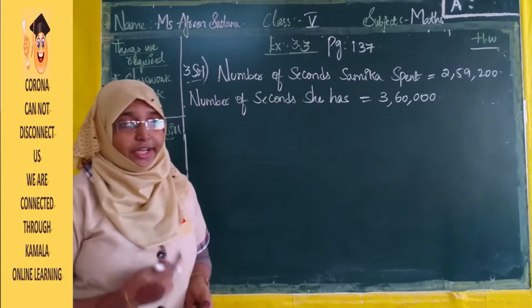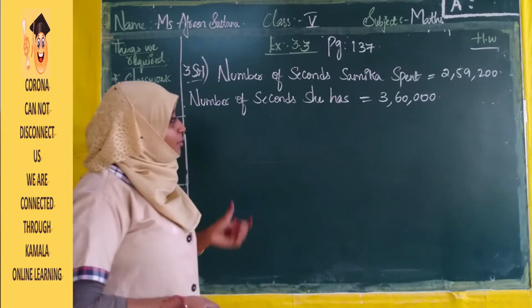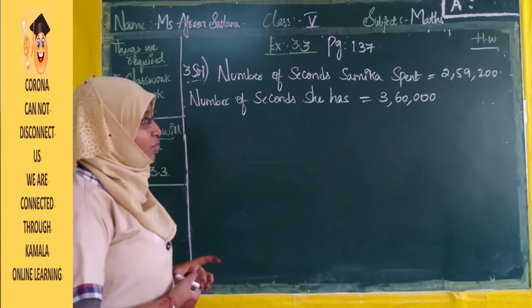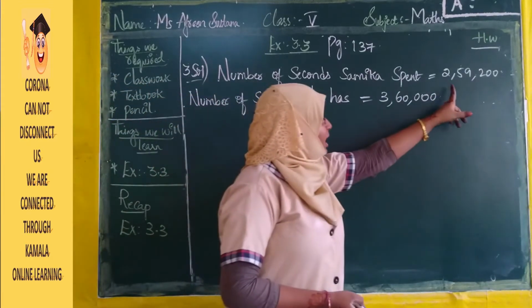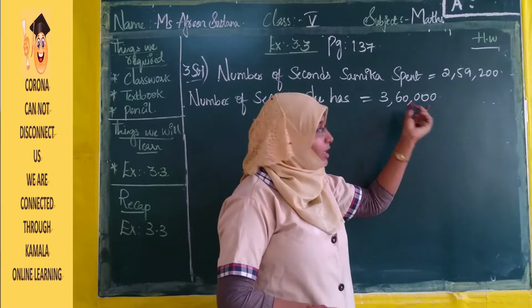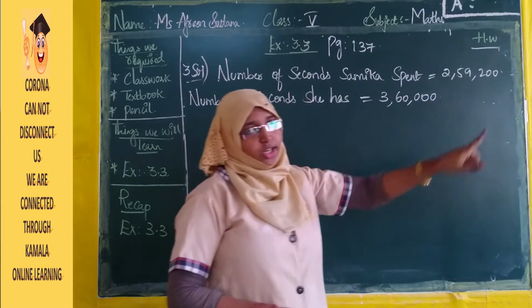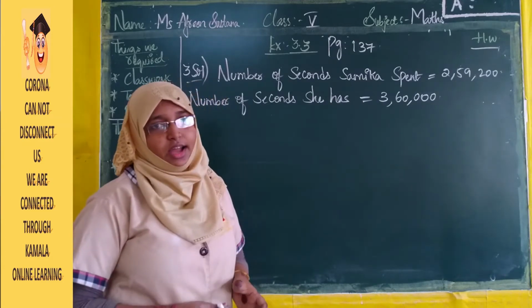Now we are going to find how many more seconds are left over. We said we will perform subtraction. We will subtract 2 lakh from 3 lakh. Now this 3,60,000 is our minuend, 2,59,200 is our subtrahend. Then if we do the subtraction, we will get the difference.